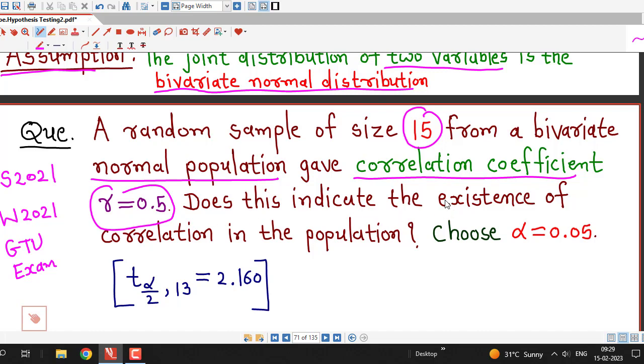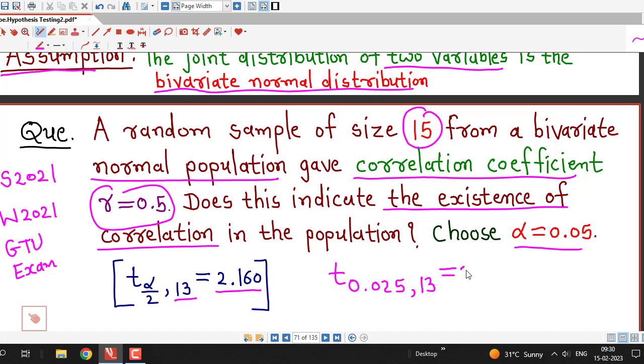Does this indicate the existence of correlation in the population? Choose level of significance as 0.05, and the table value is given.